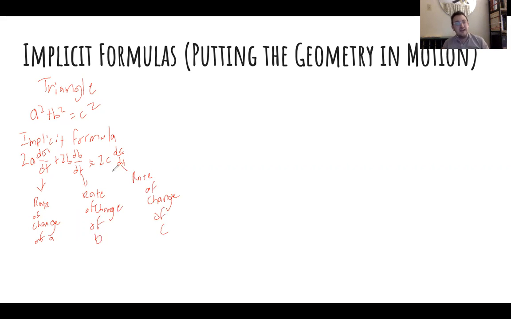And then A, B, and C are just what you would see in a geometry Pythagorean theorem problem.